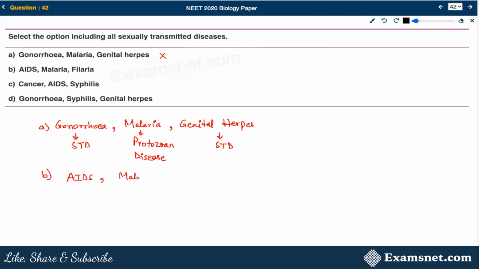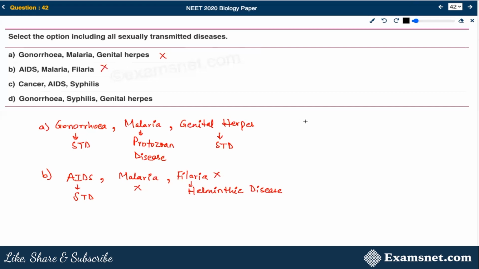Malaria, as I already told you, is a protozoan disease, and filariasis is a helminthic disease caused by worms, which is not a sexually transmitted disease. So again, this won't be the option over here.